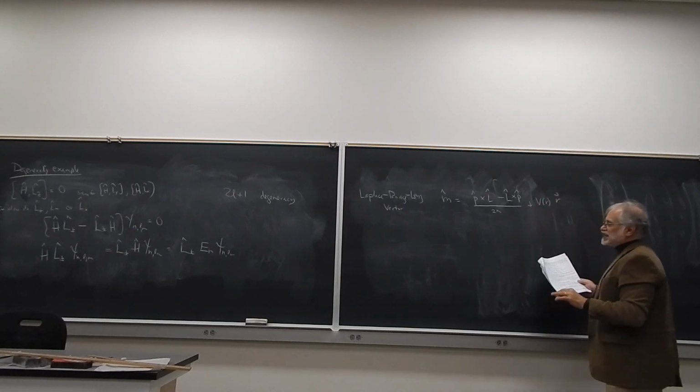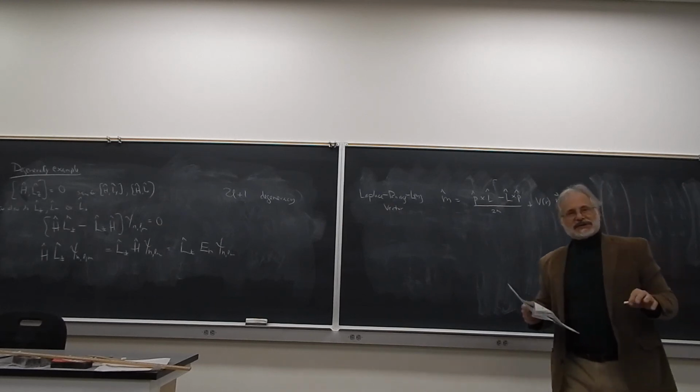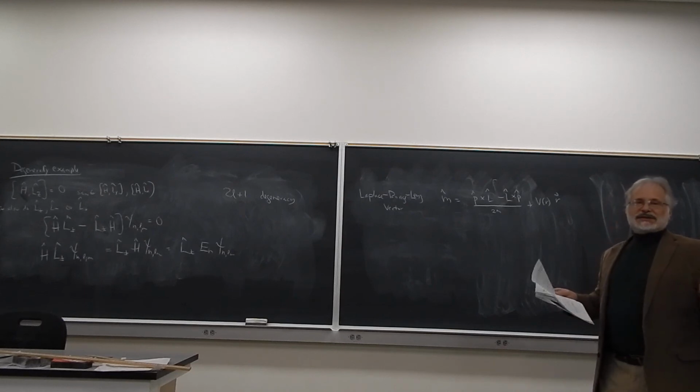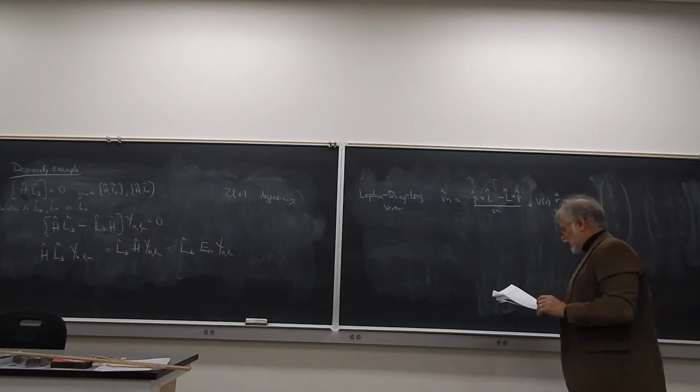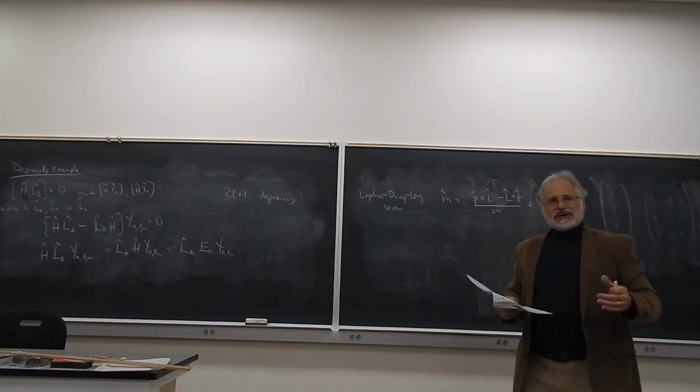So there's this other symmetry that goes with the hydrogen atom that makes its degeneracy not 2L plus 1, but n squared. This is just sort of a sideline. We're not going to worry about this too much.